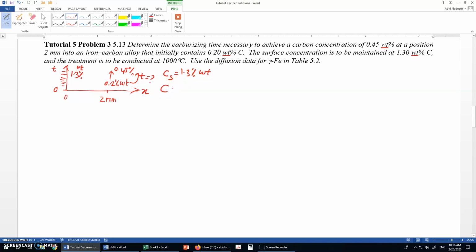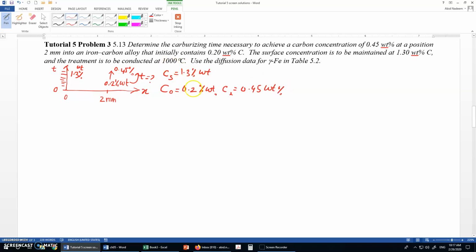The initial concentration C naught is 0.2%, and the concentration which is to be achieved is represented by Cx, 0.45 weight percent.